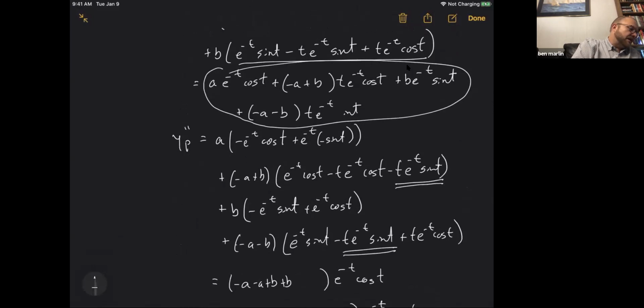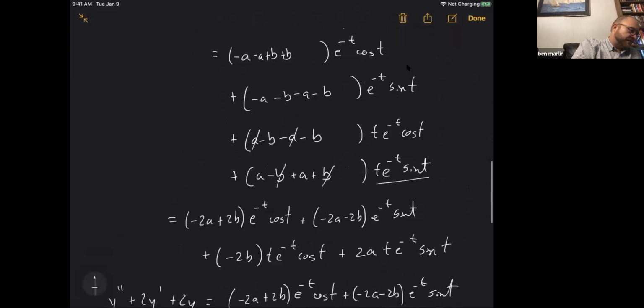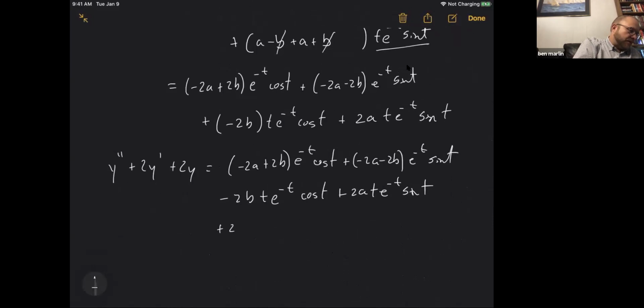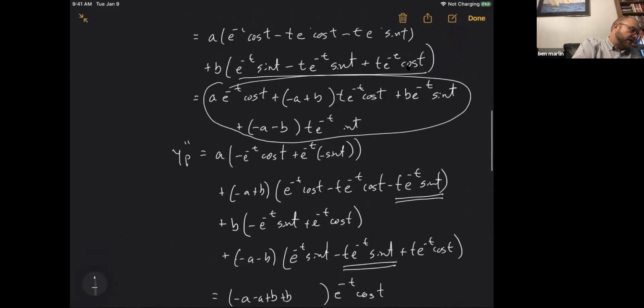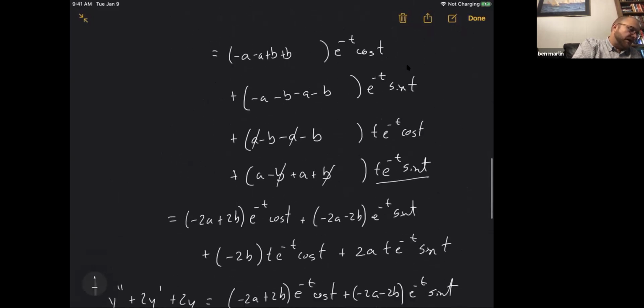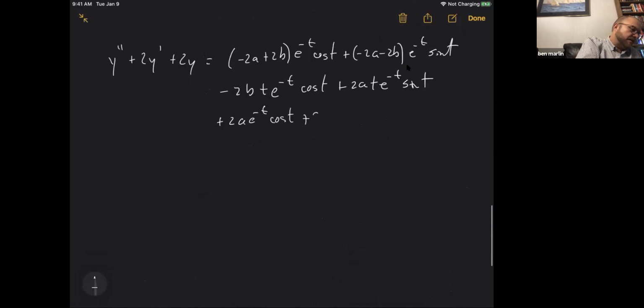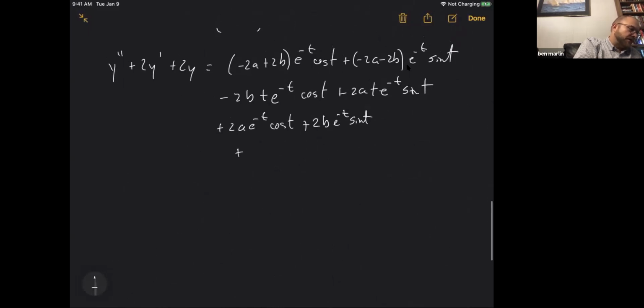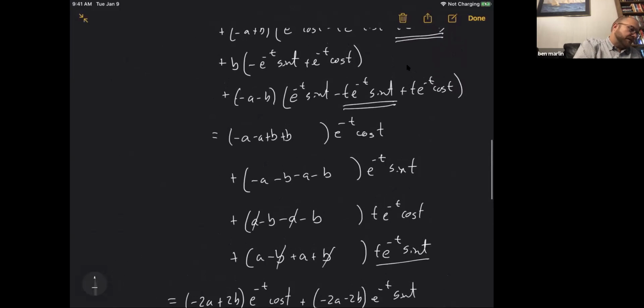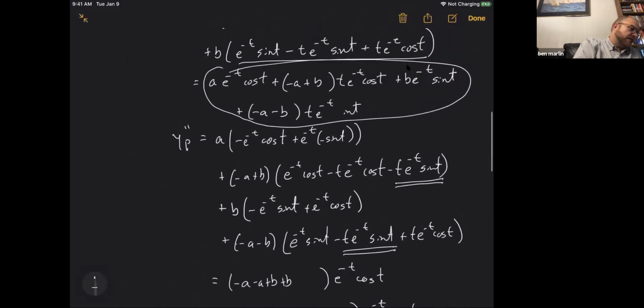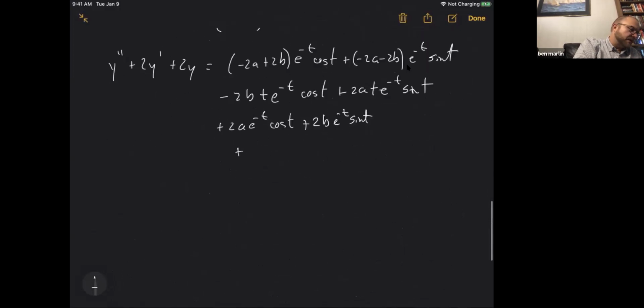So, fortunately, the e to the t cosine t, plus 2a e to the minus t cosine t, and the b e to the minus t sine t, those are relatively easy to remember, plus, this is for the t e to the minus t cosine t, so minus a plus b.